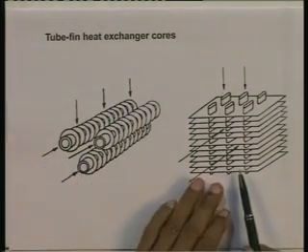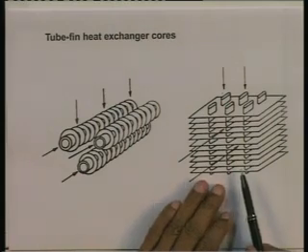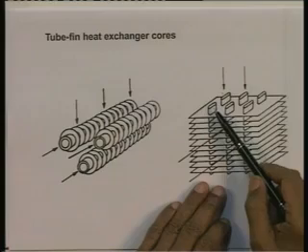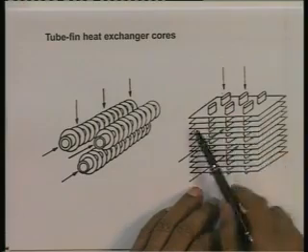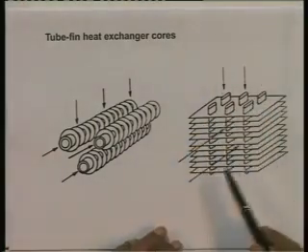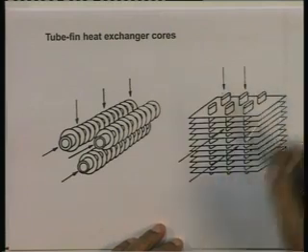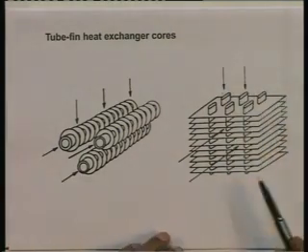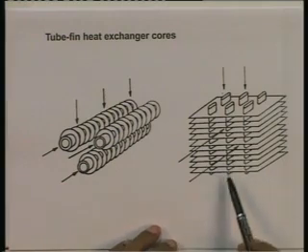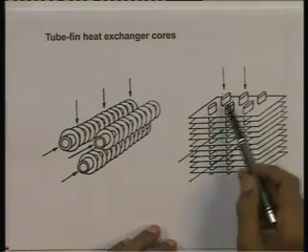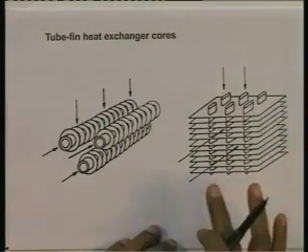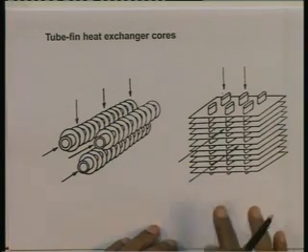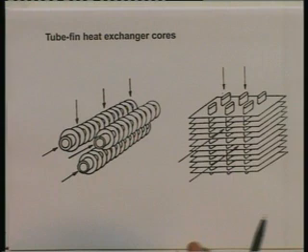This is typically what we have in an automotive car radiator. We have the tubes through which the hot water flows, and these are the continuous fin sheets through which air is pulled, and that helps to cool the hot water which flows back to the engine of the car. So, an automotive radiator is typically of this type. A continuous fin sheet on an array of tubes is what constitutes a tube fin heat exchanger, and it is a compact heat exchanger in the sense it provides a lot more heat transfer area per unit volume.